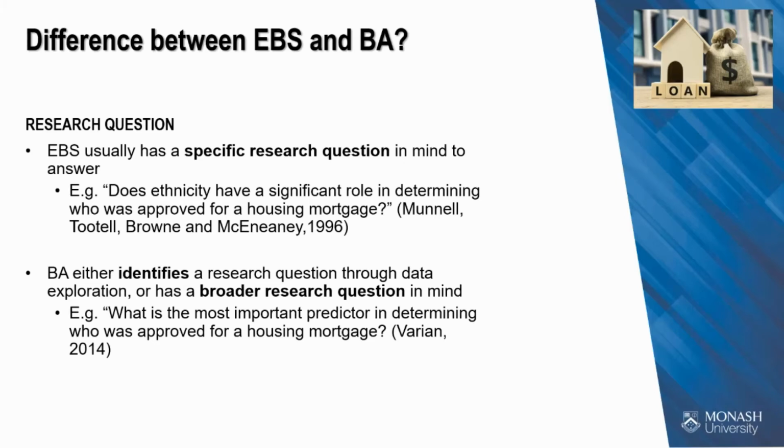However, for business analytics, you look at a broader research question, such as what is the most important predictor in determining who was approved for a housing mortgage? You can see the two questions are pretty similar. The first one for EBS, we look at ethnicity, which has a significant role. The second one, for business analytics, we just see what is the most important predictor. So it's much more general.